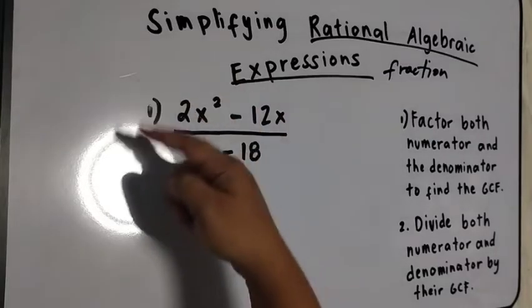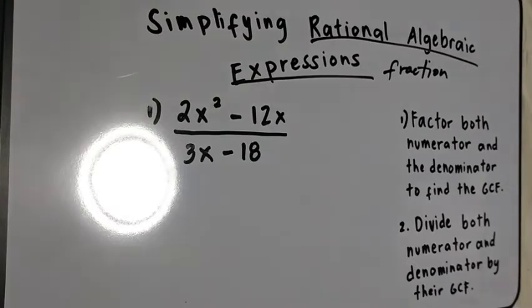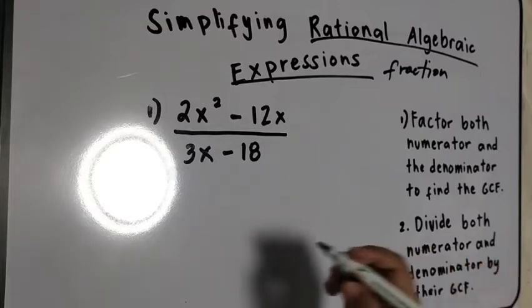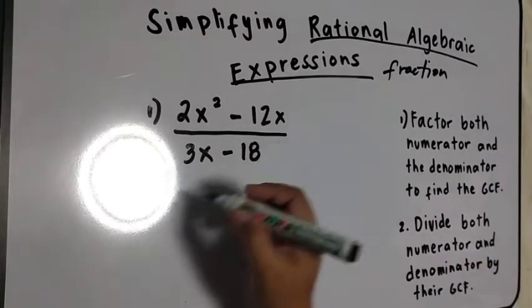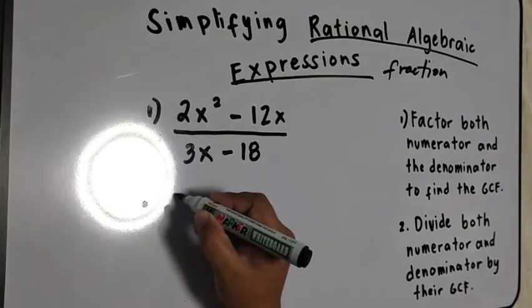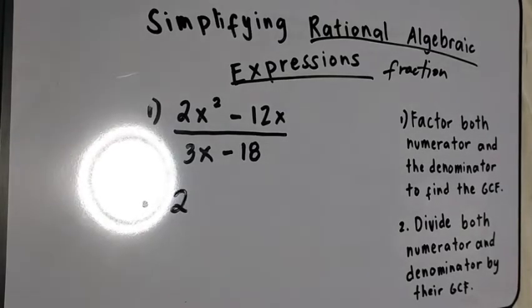So, sa numerator muna tayo. We have 2x squared minus 12x. Now, their numerical coefficients are 2 and 12. May common factor ba? Okay, meron. That is 2. So, ibig sabihin, factor out 2. How about with the variable? You have x squared and x.